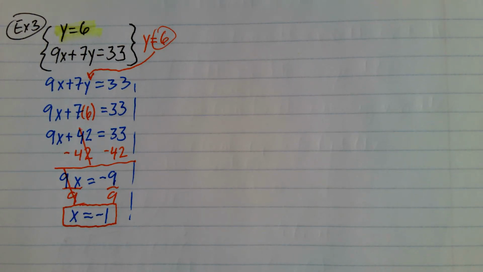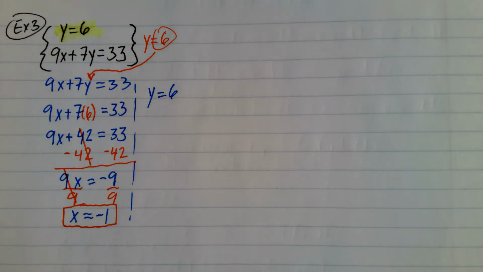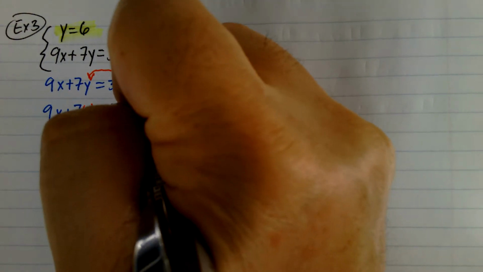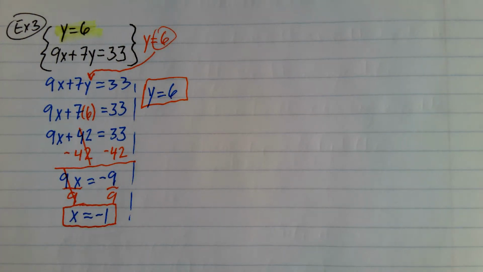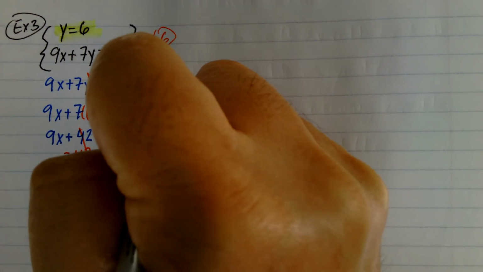All right, let's figure out what y is. What is y? Bring down that first equation. What does y equal? 6. That was kind of easy. It was already there to begin with.